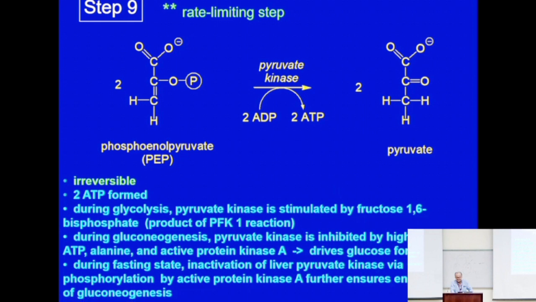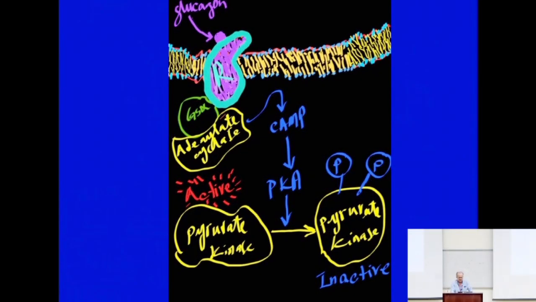And thirdly, this enzyme is regulated by hormones. Okay, and I'm going to explain that to you here. This is pyruvate kinase. I hope you appreciate why we spent time on these covalent modification, allosteric. This is all about that. So this is the active form of pyruvate kinase.